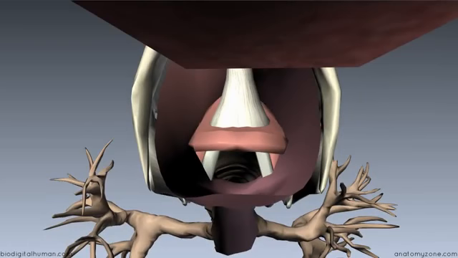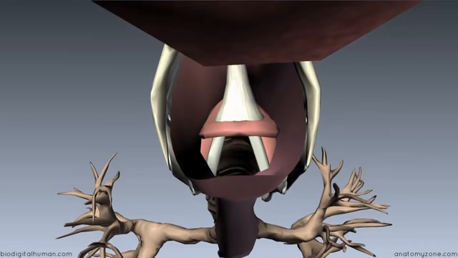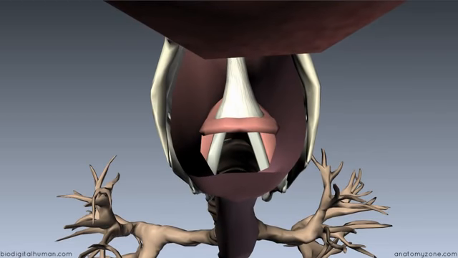mucosa which reflects off the anterior surface of the epiglottis onto the back of the tongue, the base of the tongue. So we've got mucosa which attaches the tongue to the epiglottis.